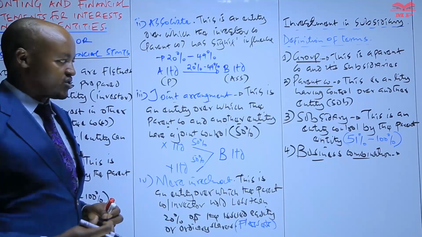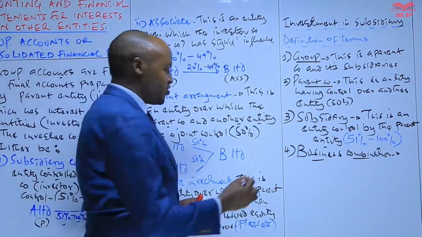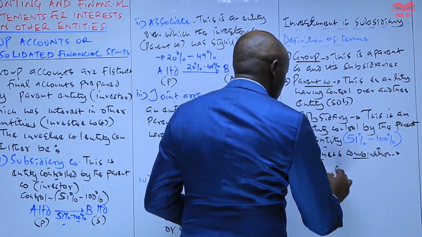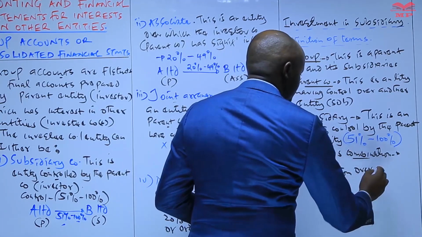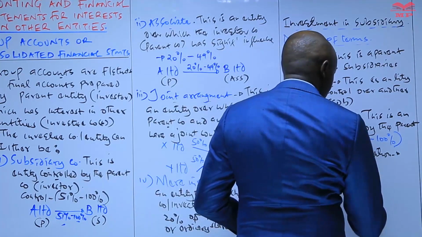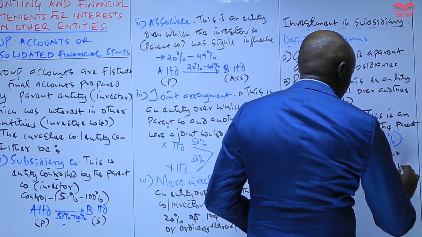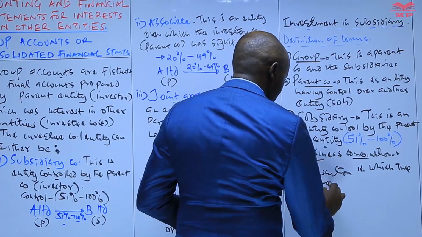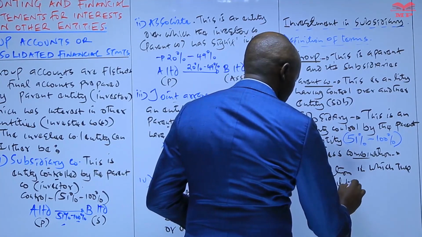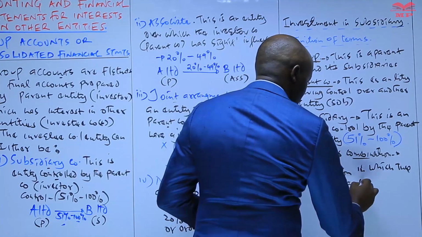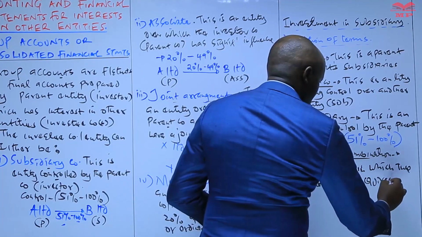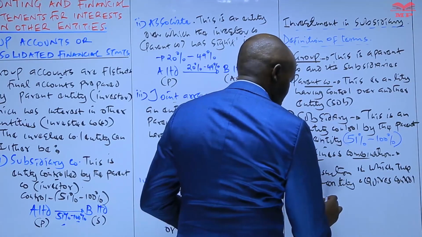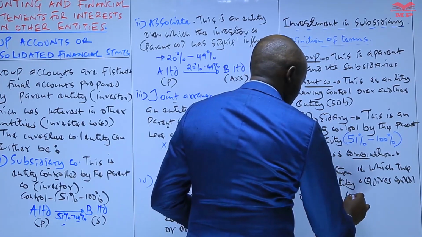That's why we are saying a business combination is a transaction in which the parent entity acquires control over a subsidiary company.